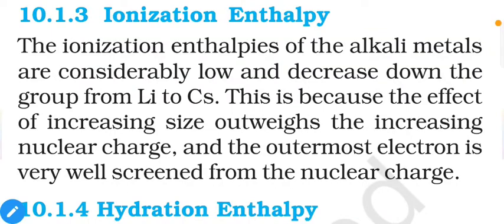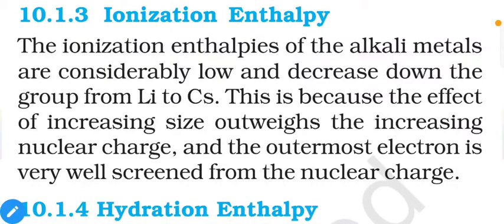Now as we move from top to bottom, sizes are increasing and the number of protons is also increasing. But if you move from left to right, then nuclear charge or number of protons is the more dominant effect. If you are moving from top to bottom, then increasing size is more dominant, and that's why, as mentioned here, the increasing size outweighs the increasing nuclear charge.